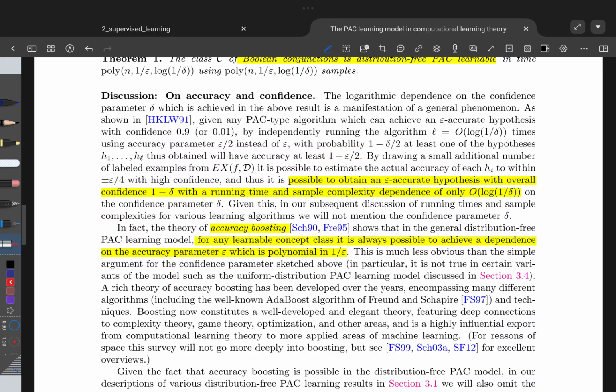Then basically you take your m samples and partition them into chunks of size log 1 over delta, such that with probability at least 1 minus delta by 2, at least one of the hypotheses is going to estimate the actual accuracy.